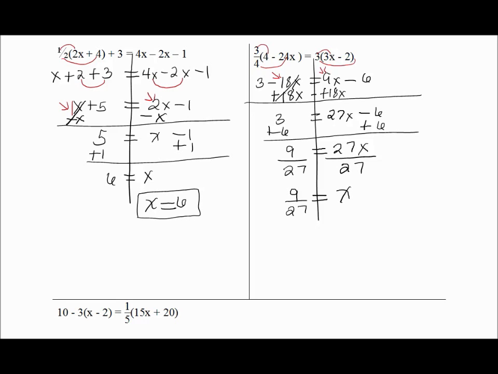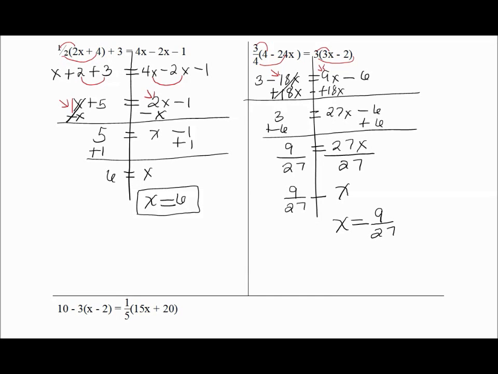Well, I can reduce 9 over 27. Nine divided by 9 is just 1. And 27 divided by 9 is 3. So that'll give me the answer of x is equal to 1/3.